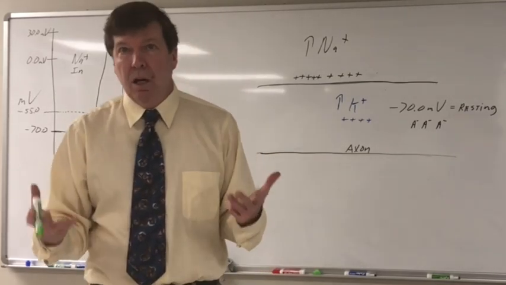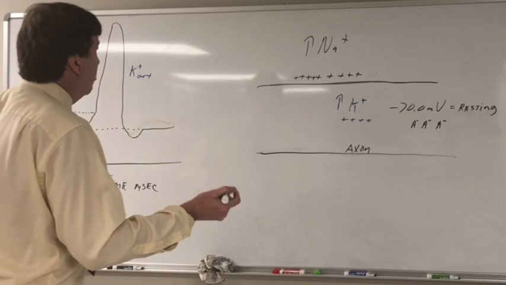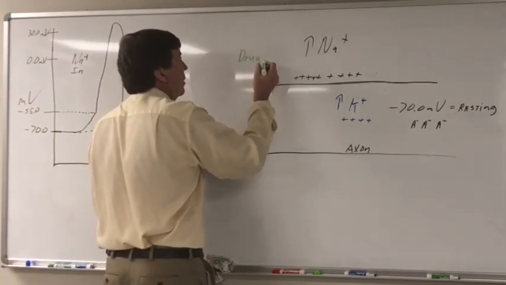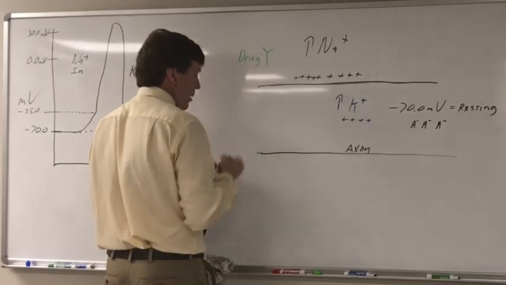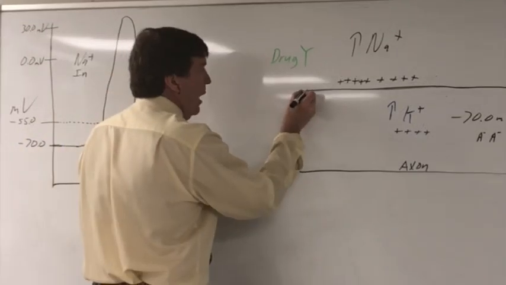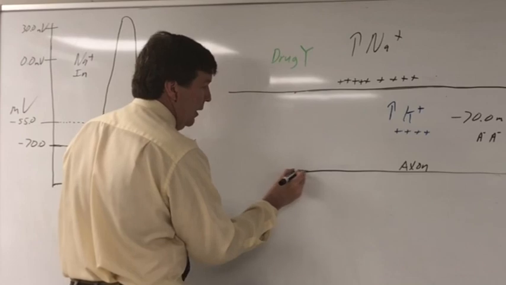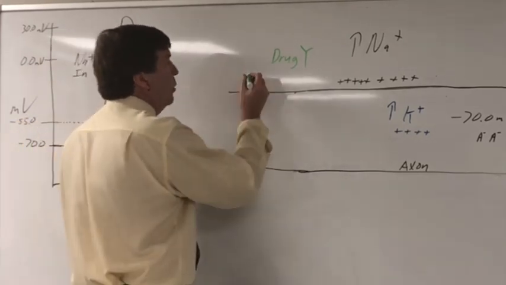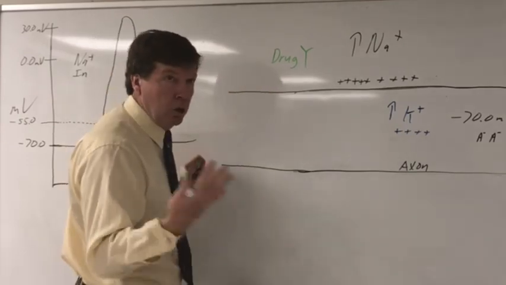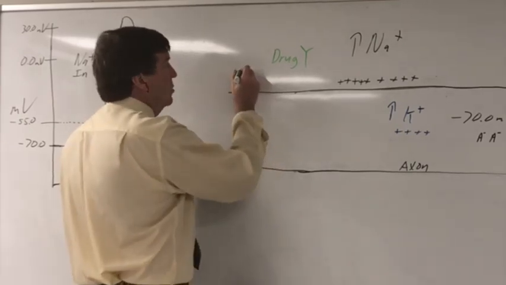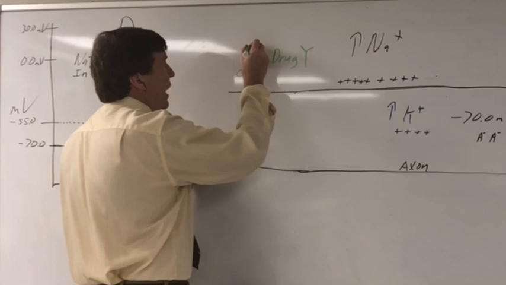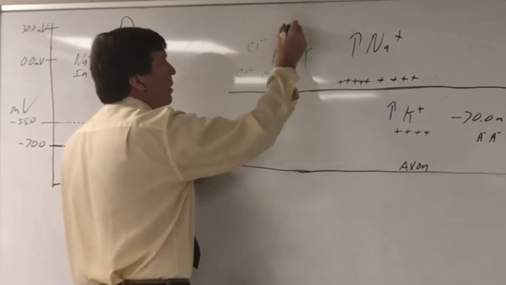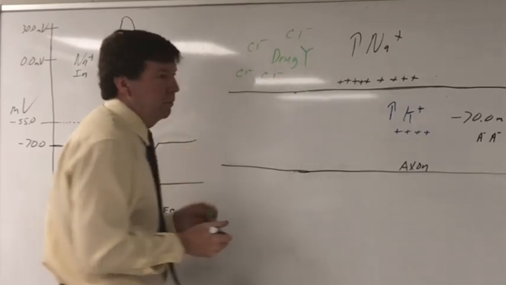Okay, so here's our drug Y. And notice drug Y, let's extend this out a little bit. Drug Y is going to increase the permeability of chloride ions. So we have Cl- out here on the outside. We'll draw quite a few.